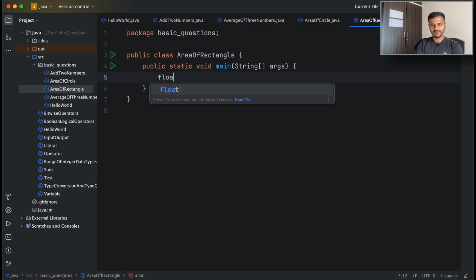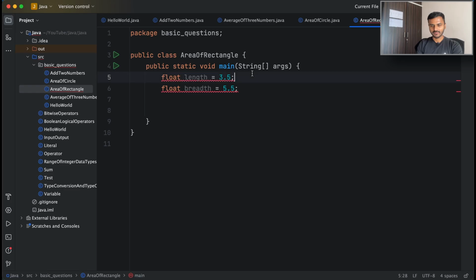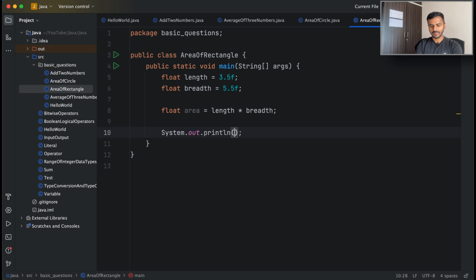So let's take float as data type of the length variable and let's put say 3.5, and then let's take float as a data type for the breadth variable and let's say 5.5. And of course we'll have to put f over here, and then we'll be able to find the area by going for length multiplied with breadth. And if I print the value of area, what do we get?